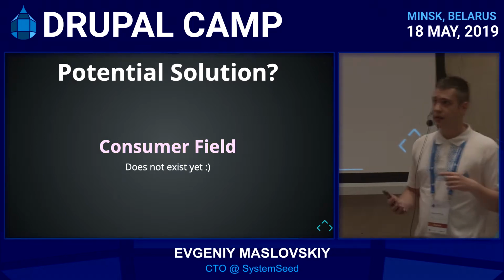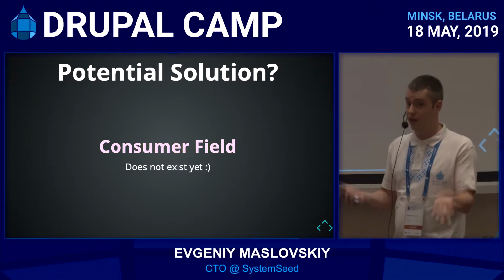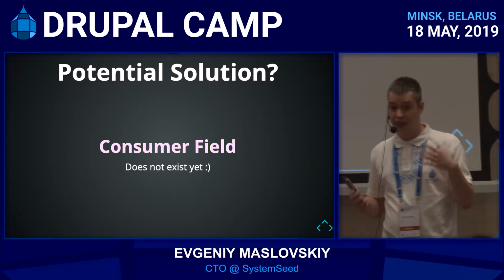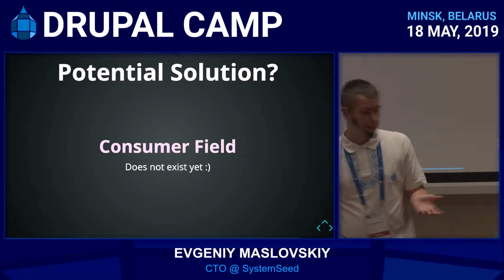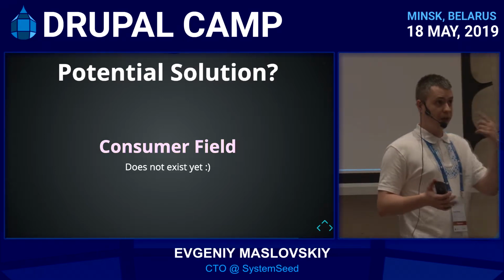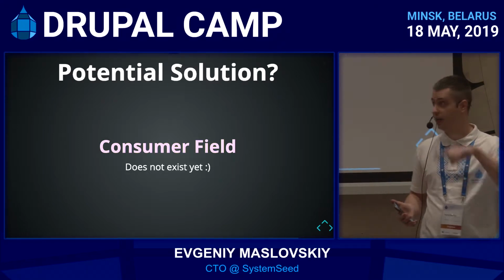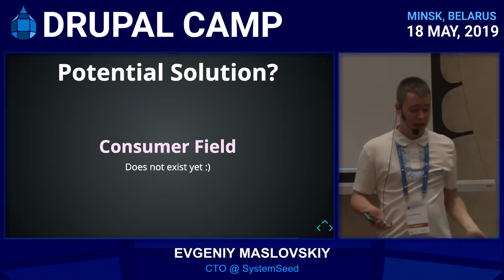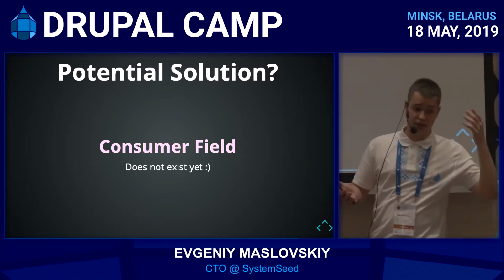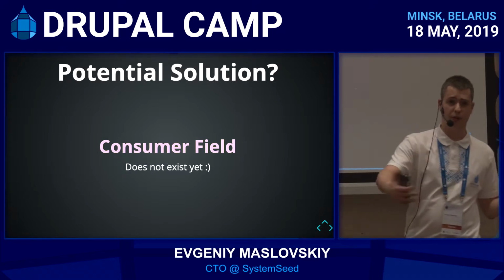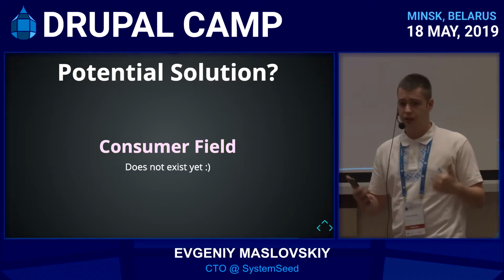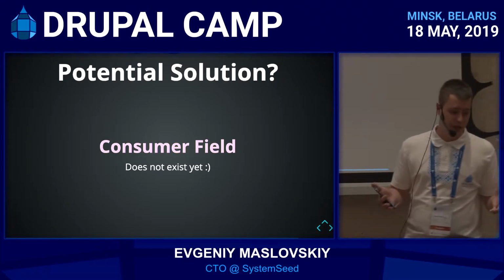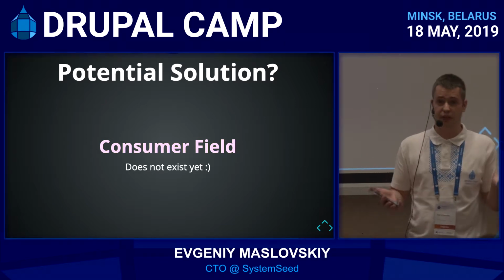So the idea behind the solution which we're thinking of, that's the way to go, we haven't done anything yet, is to build a field based again on the consumer, which will give editors the missing bit to tag: I want this content to go to consumer A, I want this content to go to consumer B. Then add a sort of middle layer between the consumers, because the consumers, when they make a request to the backend, do need to add a signature: I am consumer A. And we want to add this middle layer to actually apply a permission kind of thing.